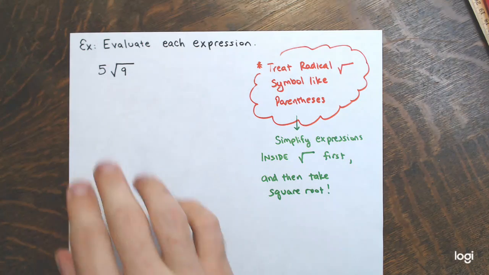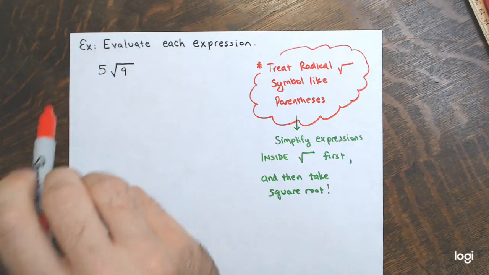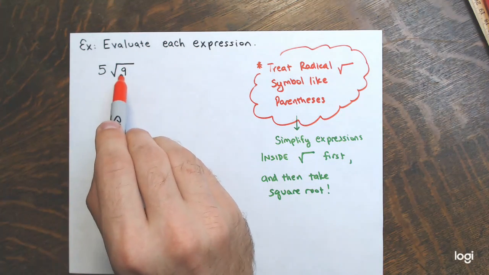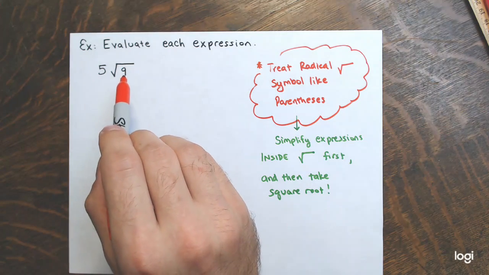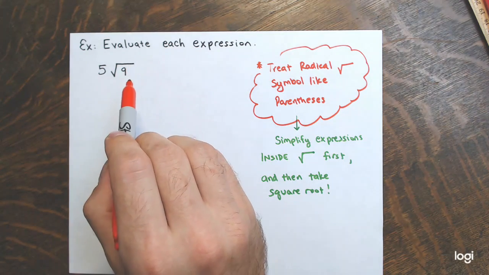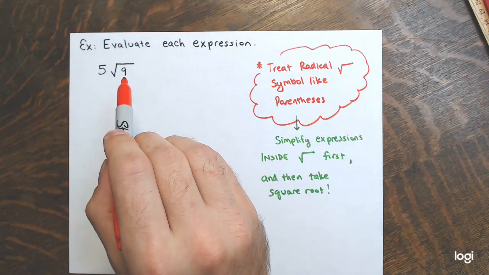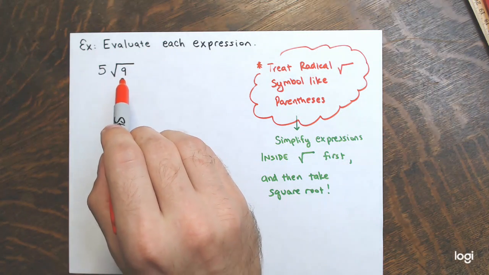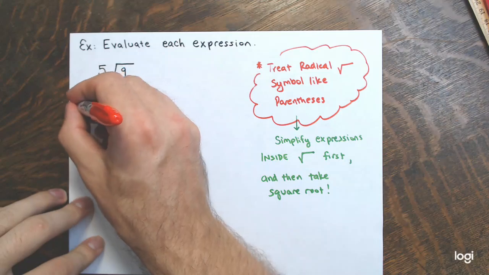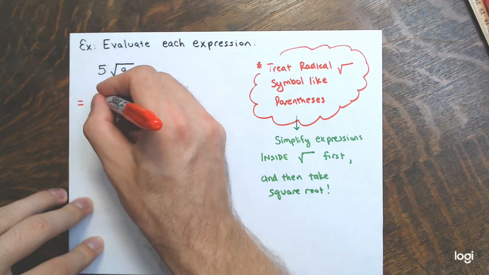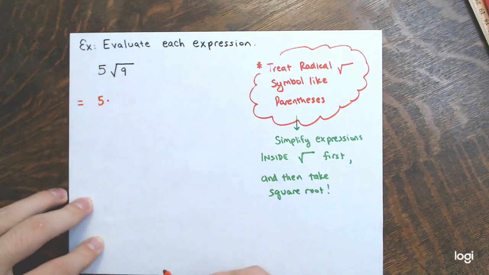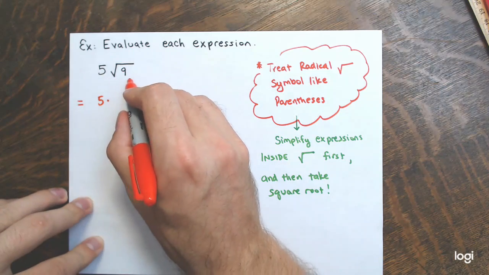Okay, so here I have 5 times the square root of 9. First I go inside my grouping symbols, this radical symbol. The number inside there is already simplified, it's just the number 9. Then I take the square root. So this is equal to 5, and I'll put a little dot for times. And then what is the square root of 9?